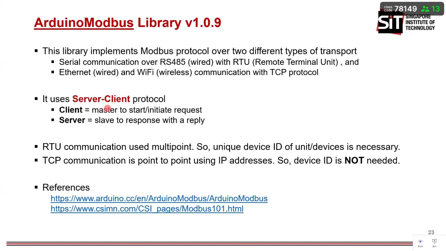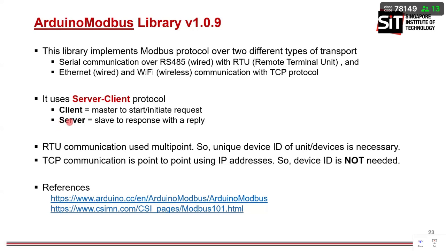So in this case, when the client joins a particular network, in this case Modbus, the client will initiate the request. All right. So the client will ask for data from the sensor. So the sensor is passive. In this case, the server, just like our lab, later you will get to see that the temperature sensor module, the Modbus module, is actually considered as a Modbus server. Why is it serving?